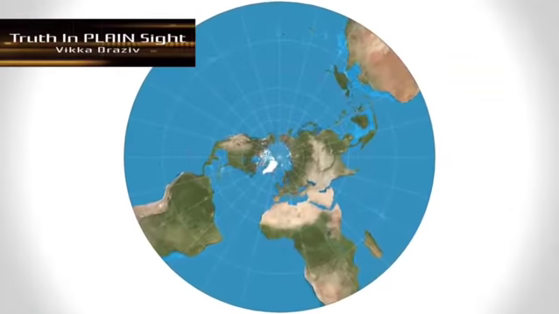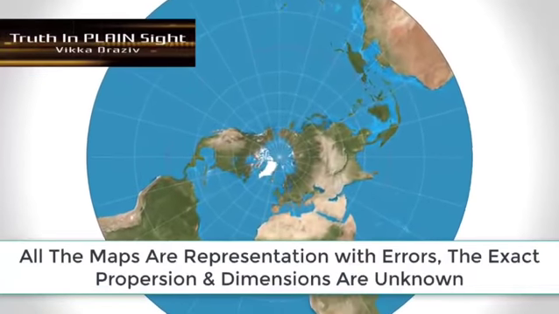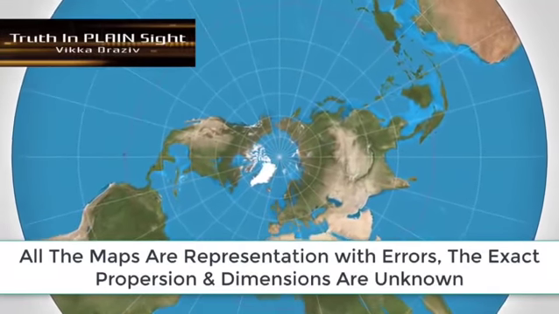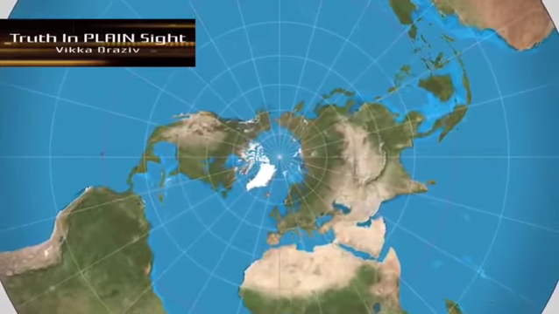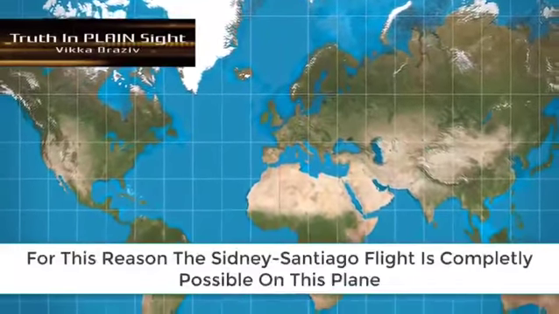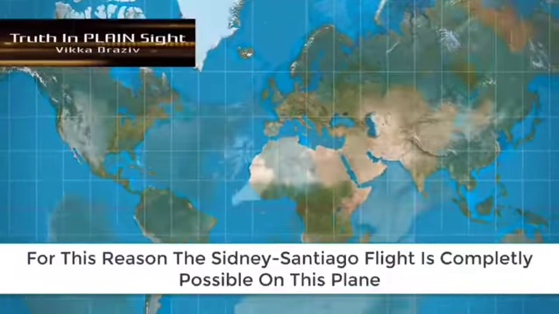Many times we trust without doubting the images that the maps teach us without taking into account everything related to errors, distances, size, proportions and other problems mentioned in this video. For this reason you cannot try to discredit the flat Earth model by a simple map in a flight.